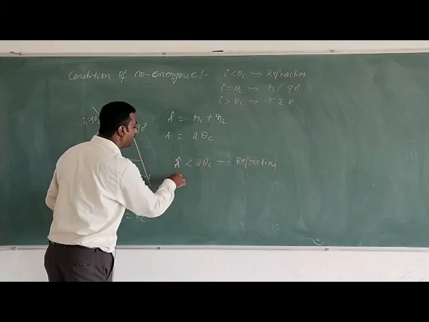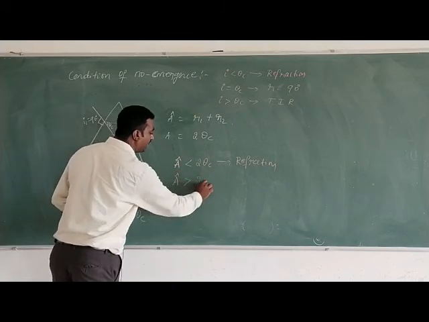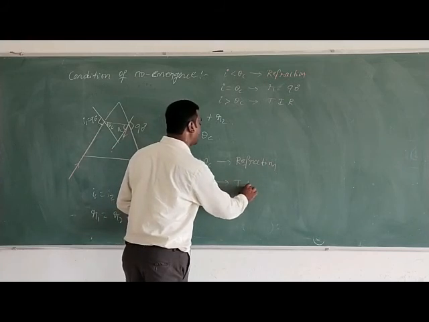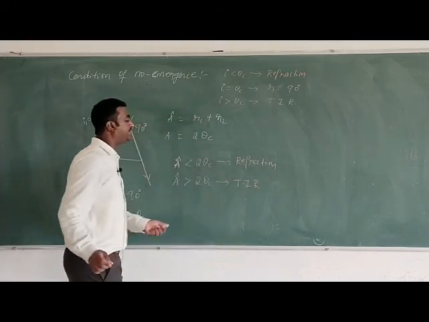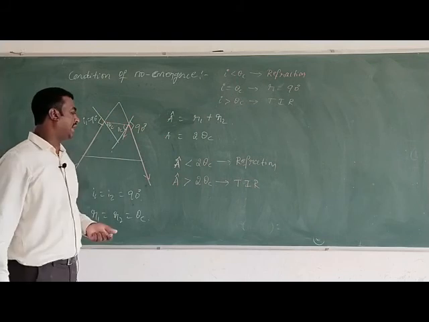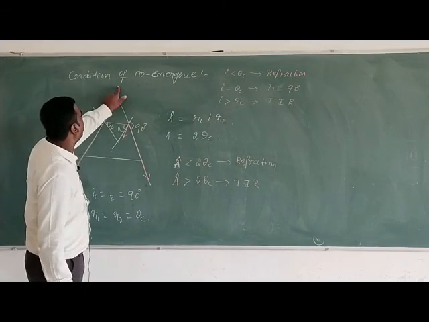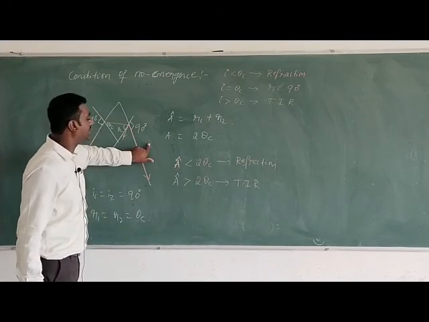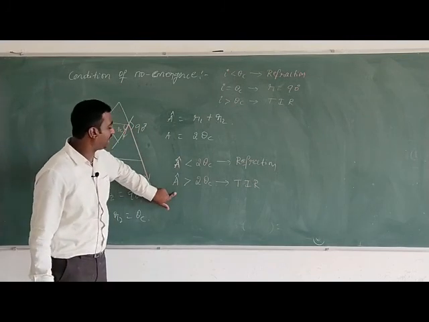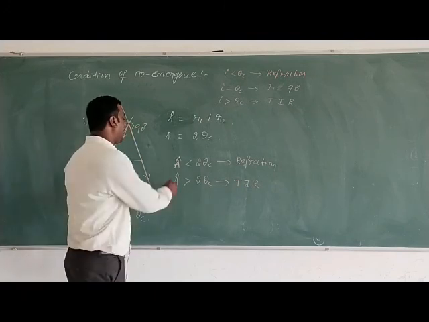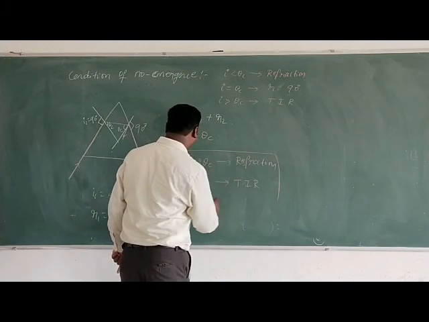If the angle of the prism is greater than twice the critical angle, the light ray undergoes the TIR phenomenon. So in order for the light ray not to emerge out of the prism, the angle of the prism must be greater than twice the critical angle. This should be remembered as an important condition.